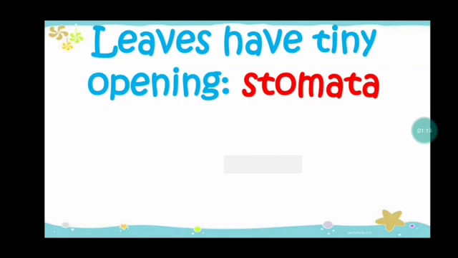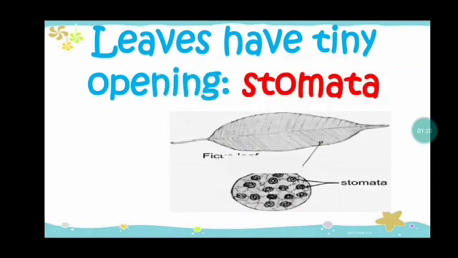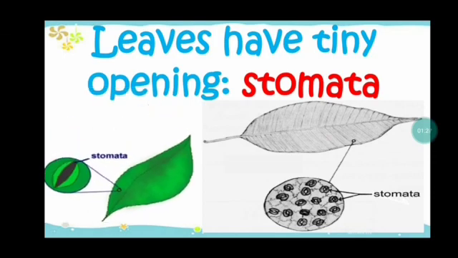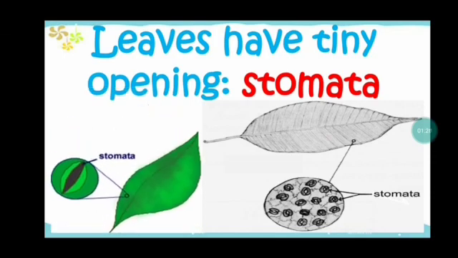In bahasa, mulut daun. Can we see the stomata by using our naked eye? Of course not. We cannot see the stomata by using our naked eye, because it's very tiny, very small.